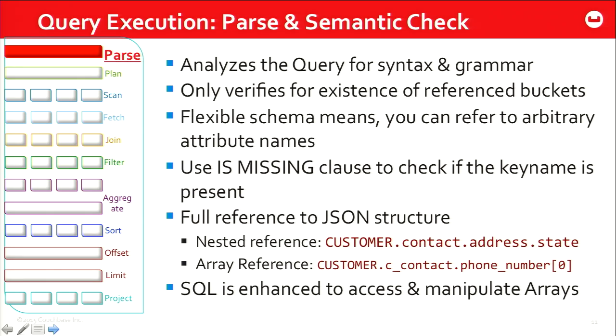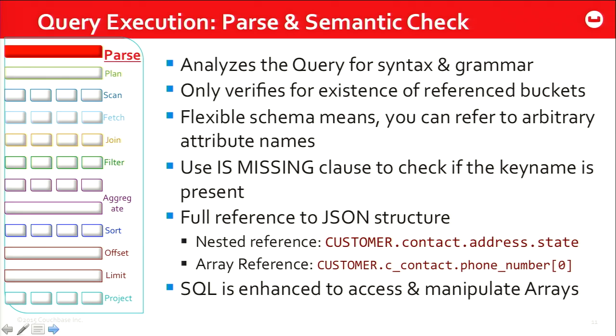Now that we have the query from the application within the query service, the first phase is to make sure the query is syntactically correct. Second, if you have referenced any buckets, we ensure the buckets you have referenced do exist.